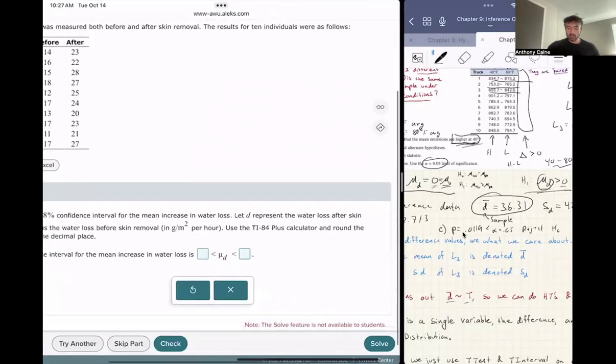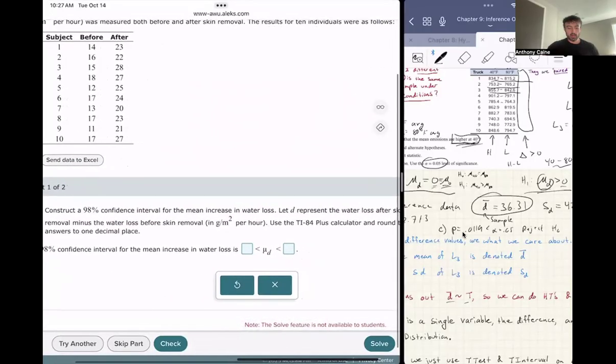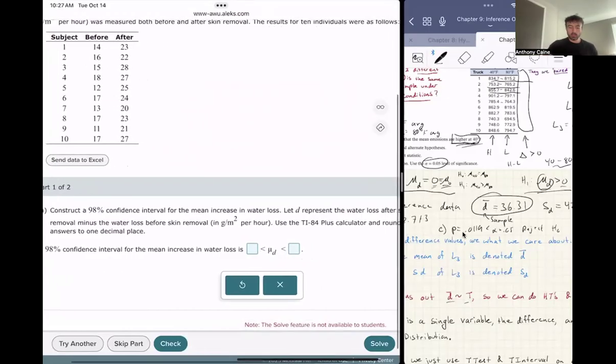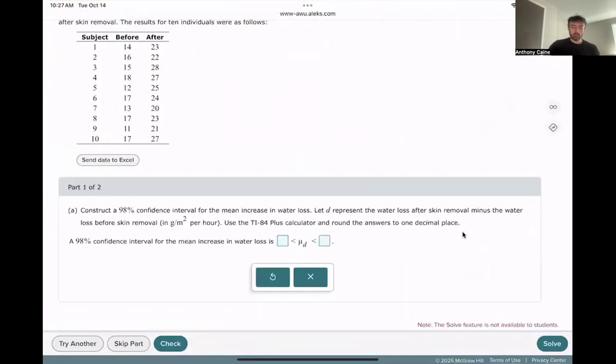Okay, let D represent the water loss after skin removal minus the water loss before. I'm reading part A: construct a 98% confidence interval for the mean increase in water loss. And the second sentence says let D represent the water loss in the skin after removal minus the water loss before.